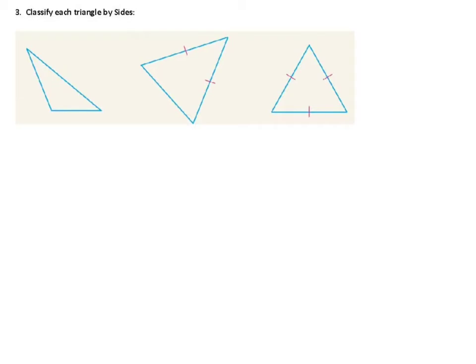So pretend we had 1 slash through this side, and 2 slashes through this side, and 3 slashes through this side. So if we are guaranteed that all 3 sides of this triangle were not congruent, then we would call this type of a triangle a scalene triangle.